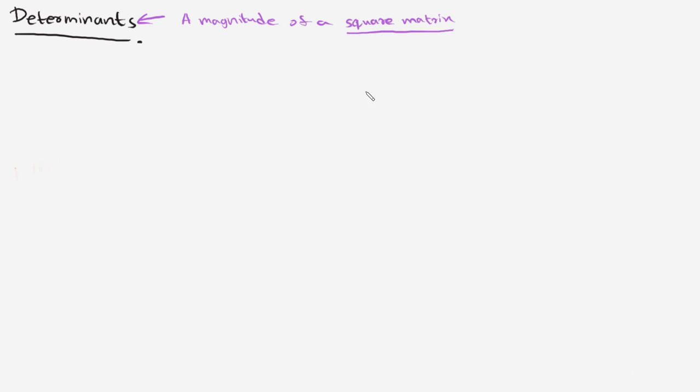Right? So there is a specific formula to generate a determinant of any n square matrix. So I will just write it first and explain step by step.